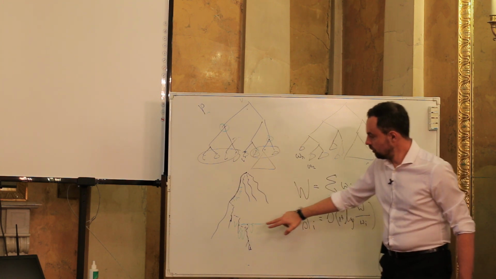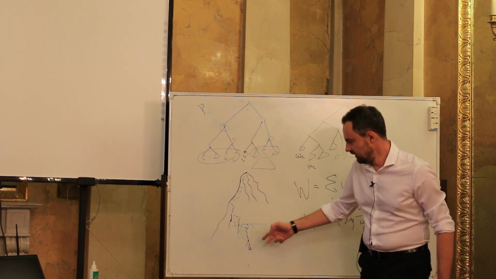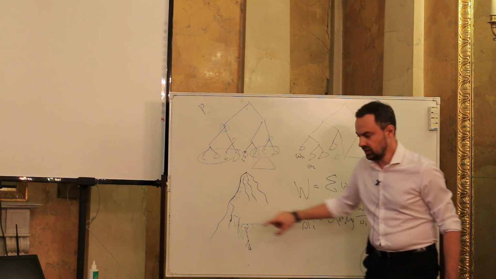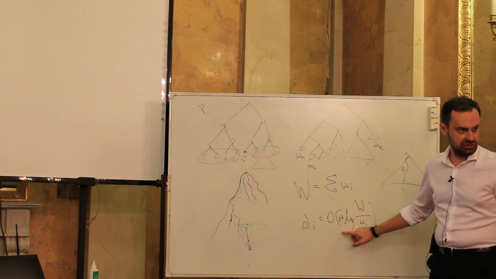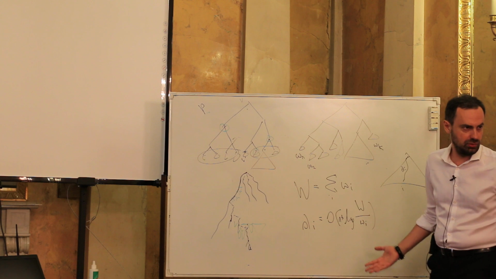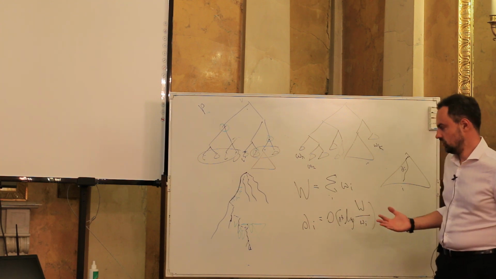Now it might happen that on the path from u to the root you have a light edge, and the depth in the corresponding structure is logarithmic. It could happen. I mean, you don't know. But okay, that's not so great.